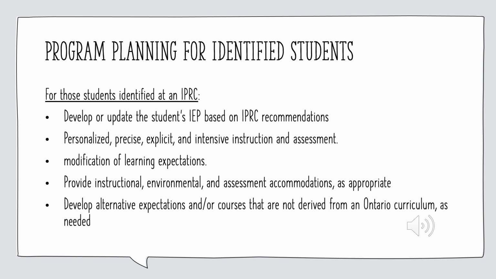Appropriate modifications of learning expectations are to be included, which include the use of expectations at a different grade level and/or an increase or decrease in the number and/or complexity of expectations. Instructional, environmental, or other assessment accommodations should be provided as appropriate. Alternative expectations and/or courses that are not derived from an Ontario curriculum policy document should be developed as needed.